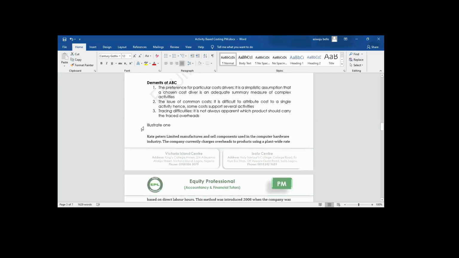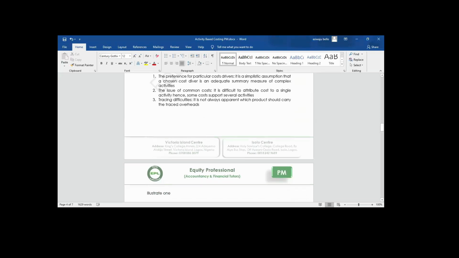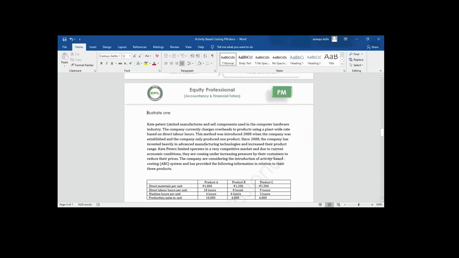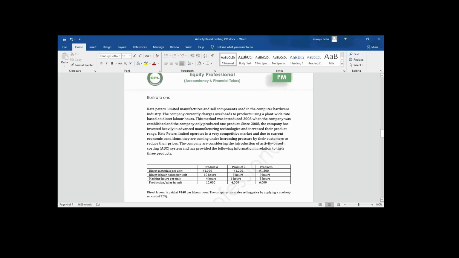Let us start early. Illustration 1. Is there any volunteer to read? Okay, illustration 1. All right, Joy, thank you.